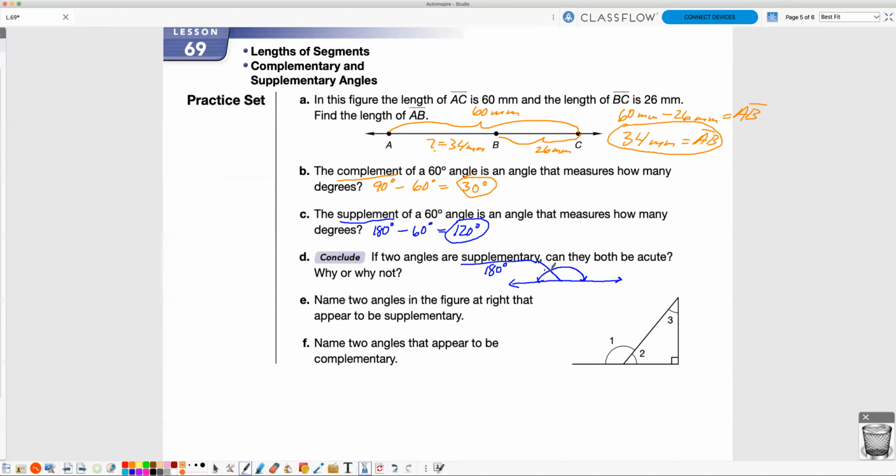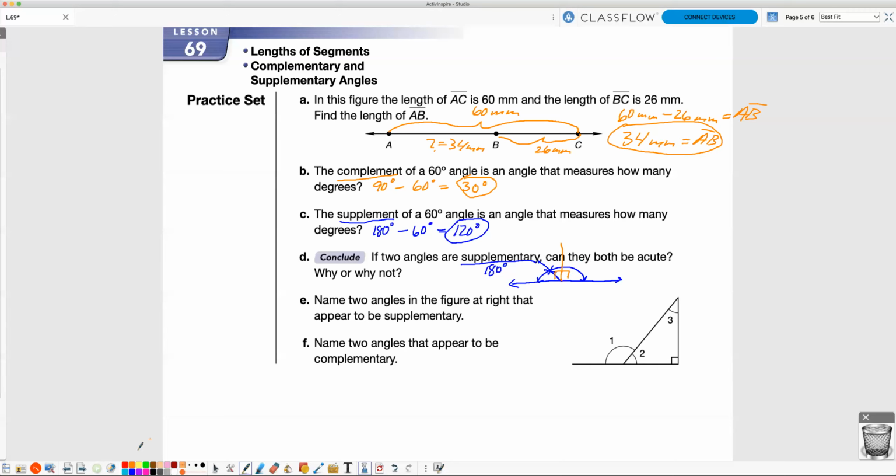We've got one acute angle from here to here, and we have an obtuse angle from here to here. If we split it another way, let's just split it straight up, and let's say this is 90 and this is 90. Are either of these acute? No, they're 90 degree right angles. Neither are acute and neither are they obtuse.